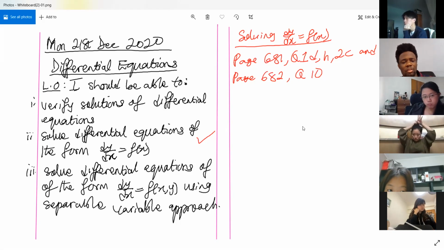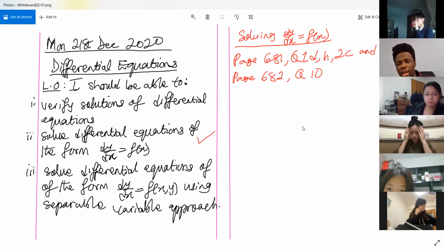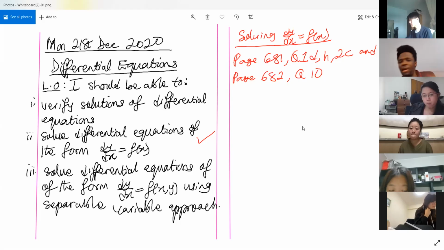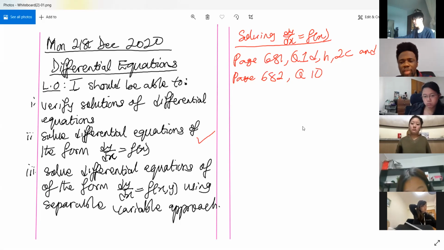The next set of problems is when you have a function of x and y. Okay, remember in the previous one, your dy by dx is equal to a function of x. So you integrate directly. Okay, but if you have a differential equation whereby dy by dx is on its own, but the other side is not a function of x, but a function of x and y, we can use different approaches.